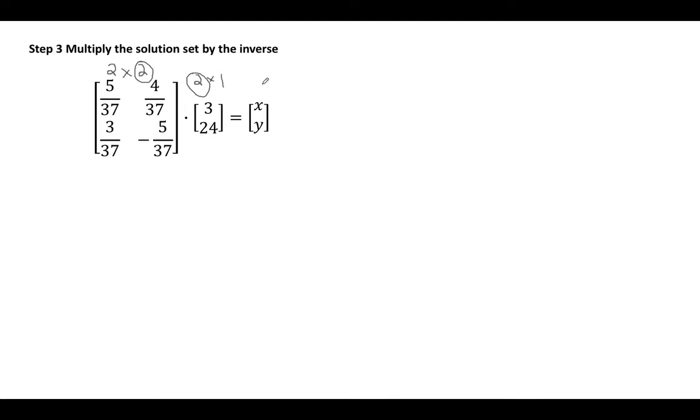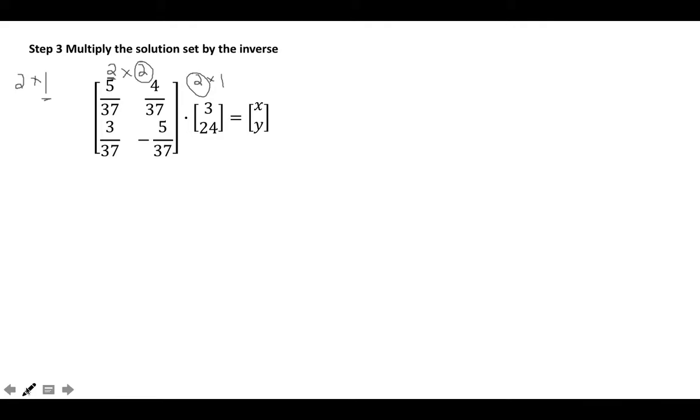If this was the other way around, I would be trying to multiply a 2 by 1 by a 2 by 2. Notice 1 and 2 don't match. So I would not be able to multiply it with the solution set in the front. Just remember, the inverse has to go in the front.